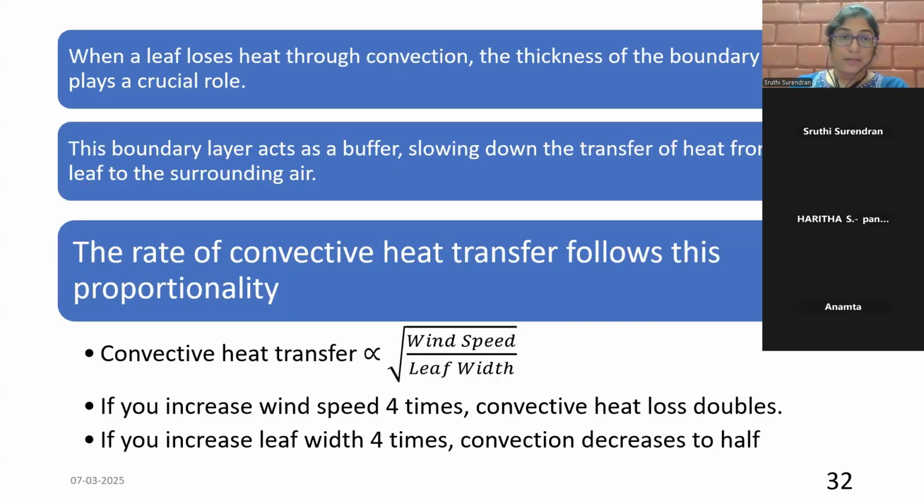So the convective heat transfer is directly proportional to the wind speed and inversely proportional to the leaf width. That is, if the width of the leaf is big, the boundary layer resistance is going to be more, so heat transfer is going to be less. But if the wind speed is higher, then heat transfer is going to be more. So this is how the convective heat transfer is related. It is a function of.